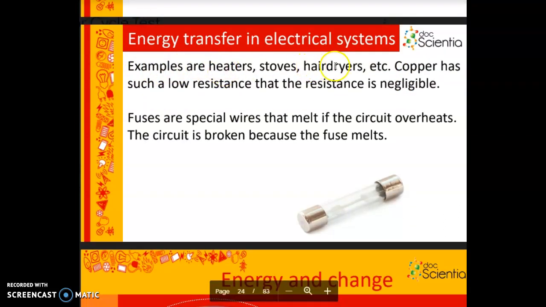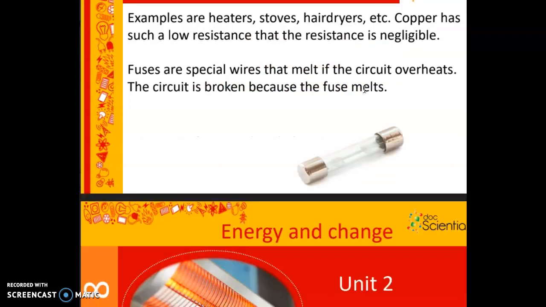Examples are heaters, stoves, dryers, copper, and copper has such a low resistance that the resistance is negligible. And fuses are special wires that melt if the circuit overheats. And the circuit is broken because the fuse melts, because there would be no electricity flowing through there.